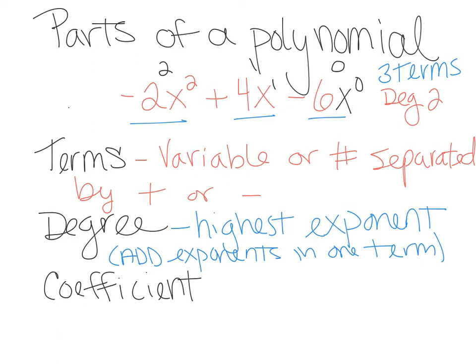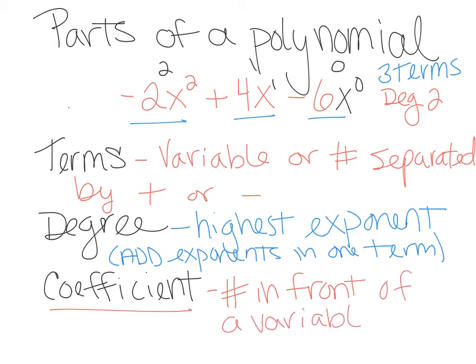And then the last terminology piece is coefficient. A coefficient is just the number in front of a variable. All right. In polynomials, we like to have what we call standard form, and that's when you have your terms going from the highest degree down to the lowest degree.